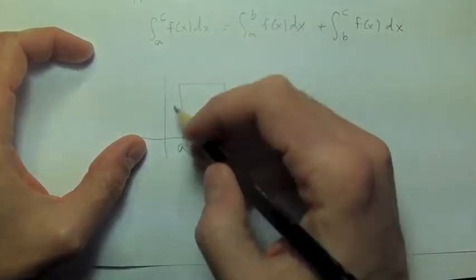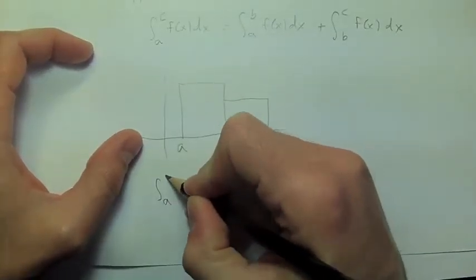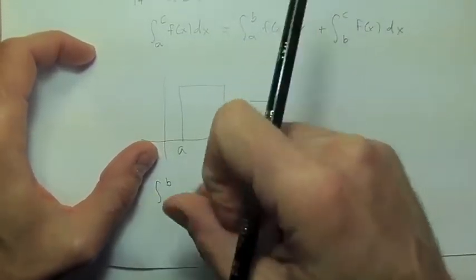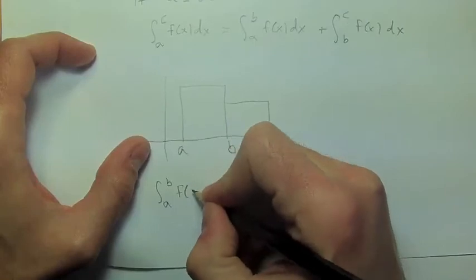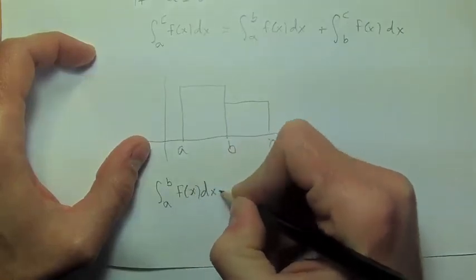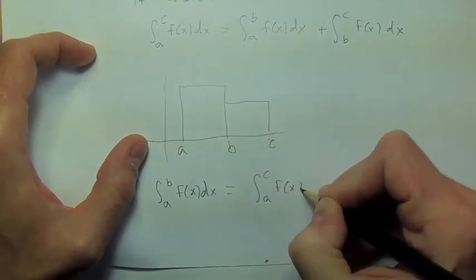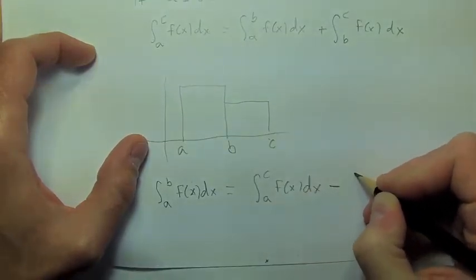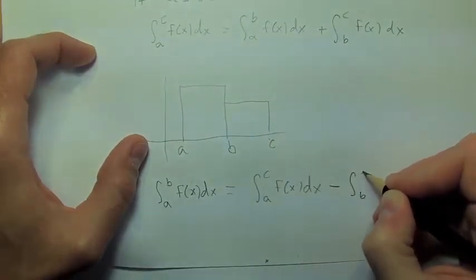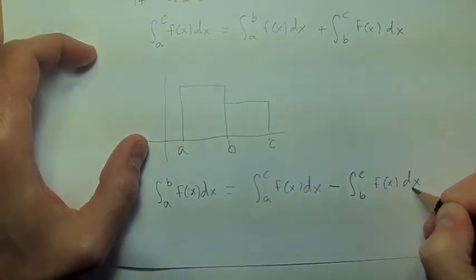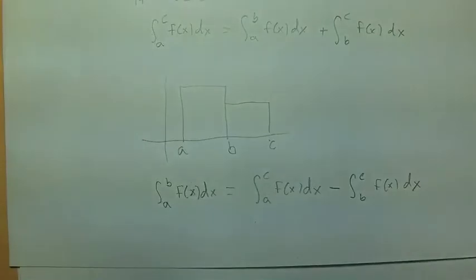Let's move this guy over. You could say that the integral from A to B is equal to the integral from A to C of f of x dx minus the integral from B to C of f of x dx. And what does this mean?